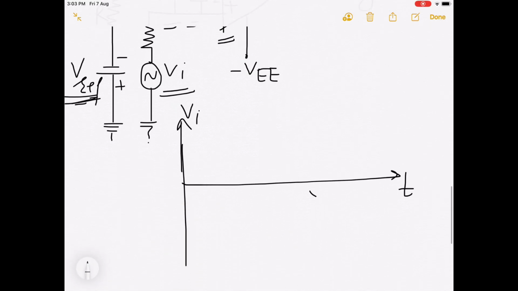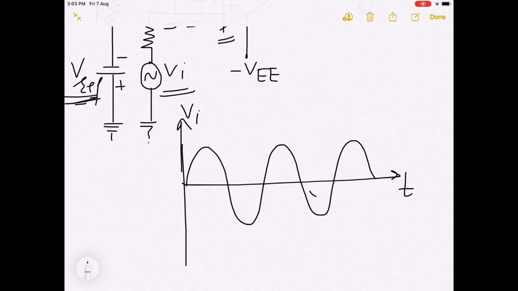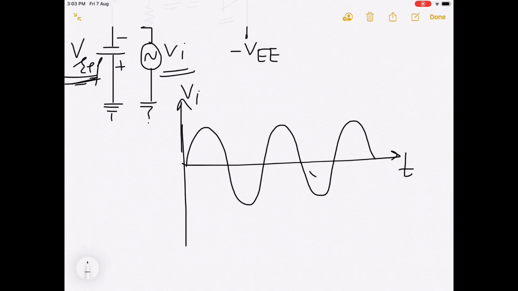Now, I am plotting this sine wave, and this DC voltage is the V reference, and suppose the V reference value is 1 volt.